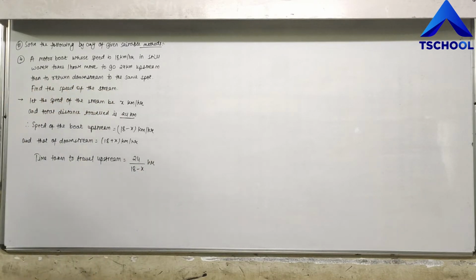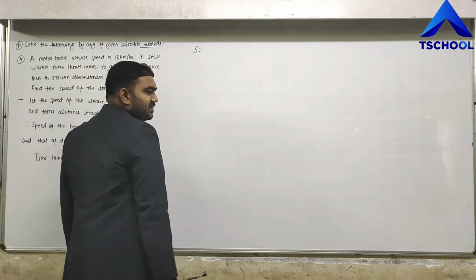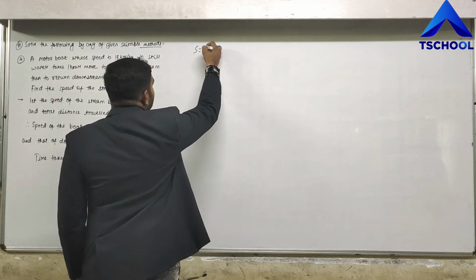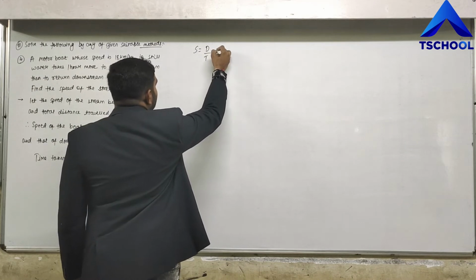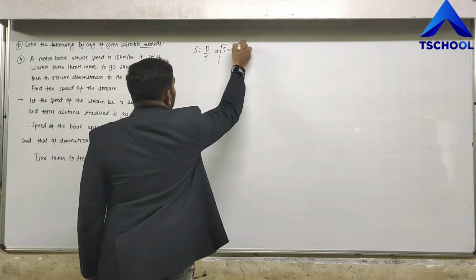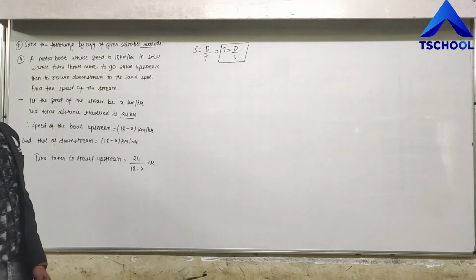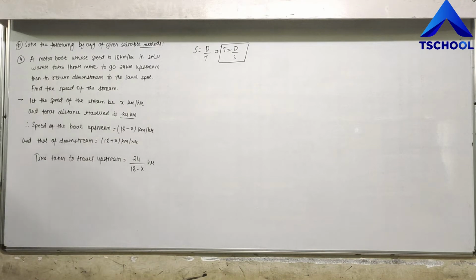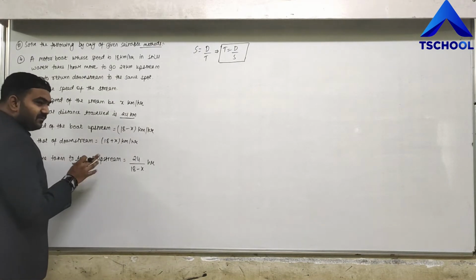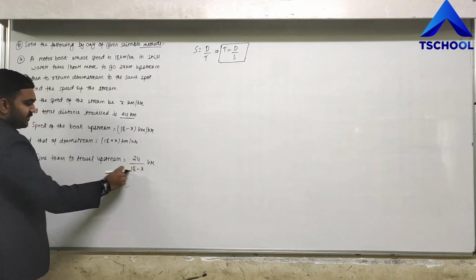How? Right, we know a relation as we studied in physics and as we have discussed in the previous chapter also, that speed is equals to distance upon time. This gives me time is equals to distance upon speed. Rather than remembering this main formula, we shall use the formula T equals to D upon S. That means time equals to distance upon speed. So if you want to find out time, then we can use the relation distance upon speed.